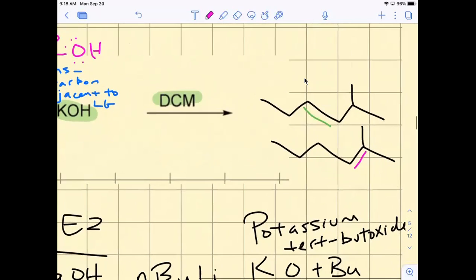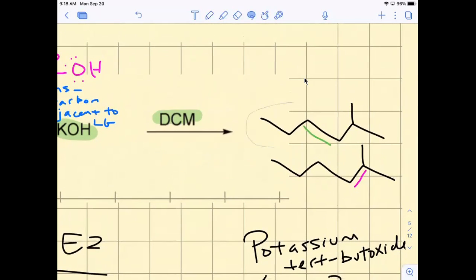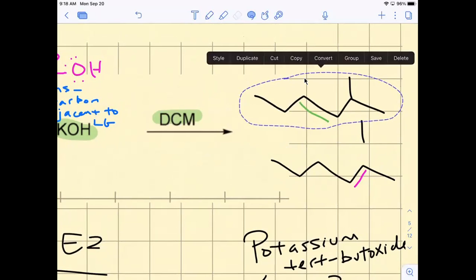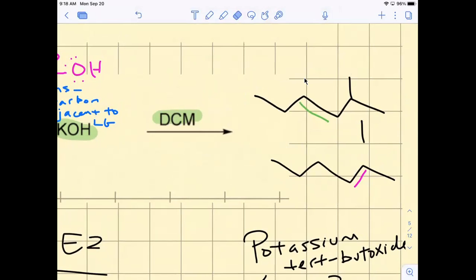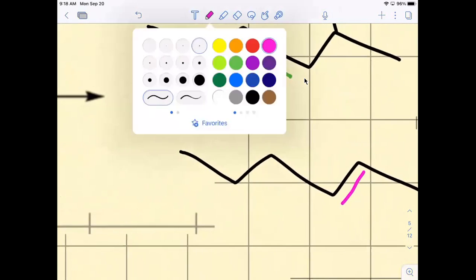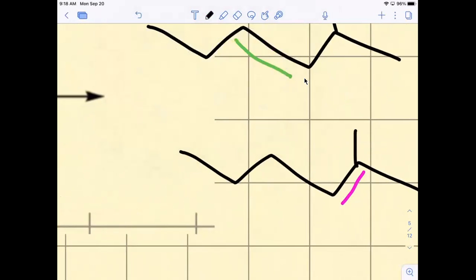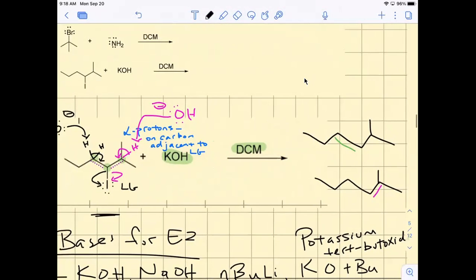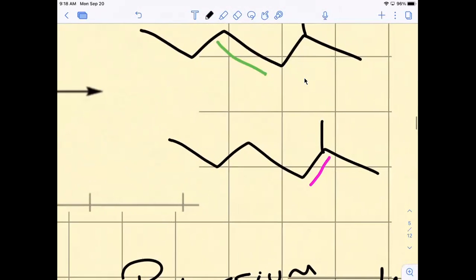All right, any questions about that? All right, so let's talk a little bit more about these products and also about one of the key characteristics of the mechanism. So with the products, again, if there's a competition, there's going to be a product distribution.